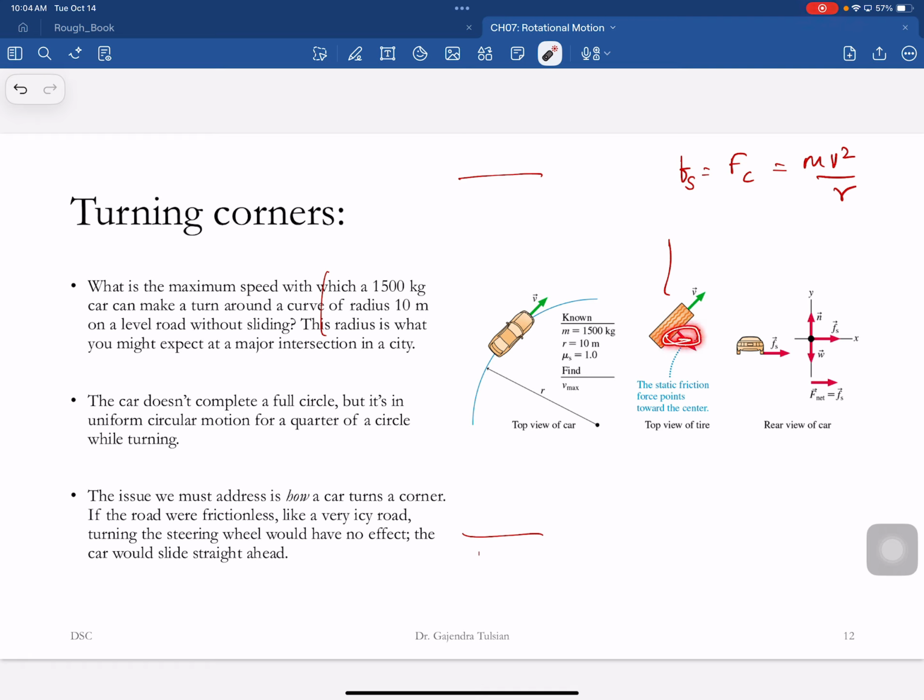You don't leave any rubber. And if you don't need any friction, what does that mean? You can take that exit even in very icy conditions. That's why the roads are banked. So it saves the country billions of dollars, because you don't need this friction force.